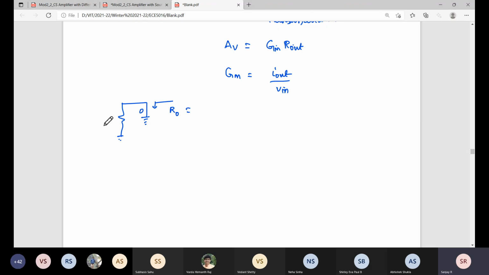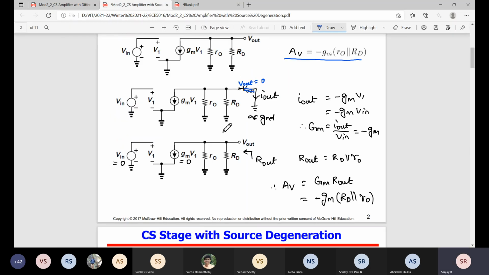Here 0. Let's take here some 15K. What is 0 parallel with 15K? 0. Yes, sir, 0. Anything you put in parallel with a short circuit won't have any effect.